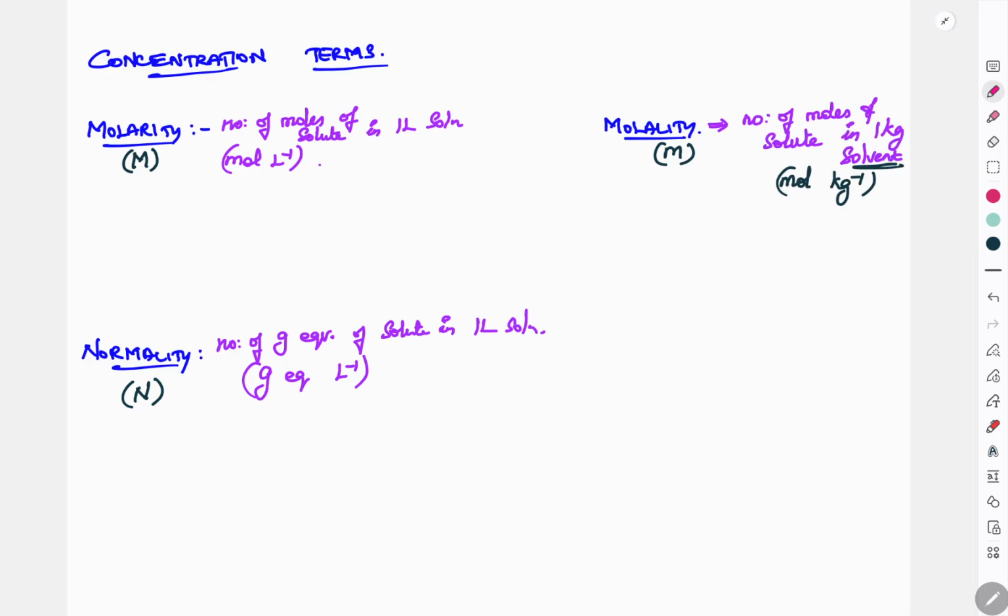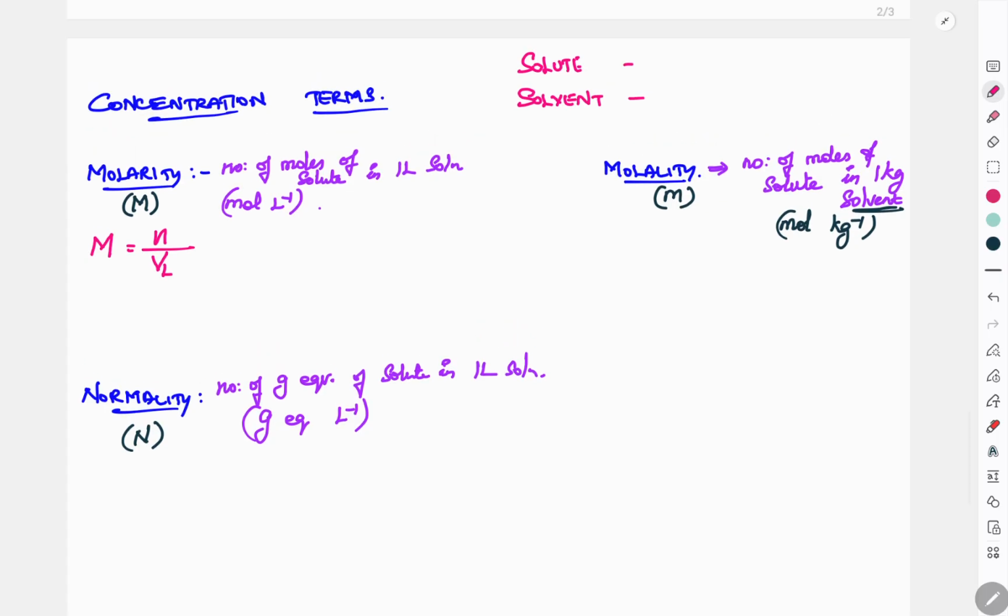Let me express this in a different way. Look at the formula. Capital M, molarity, is equal to number of moles of solute by volume of solution in liters. Generally, there will be two substances in any solution, a minimum of two, which is called a binary solution.